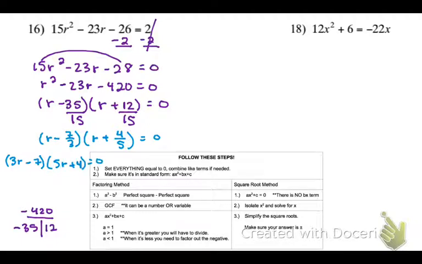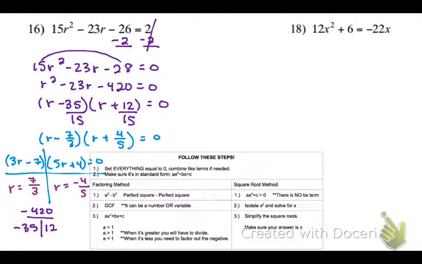That's equal to 0. Now from here, this is where you can actually go and start solving. So your two answers will be r is equal to positive 7 over 3 and negative 4 over 5.